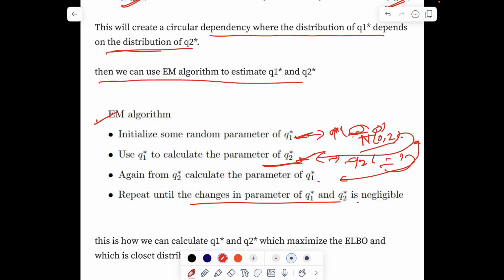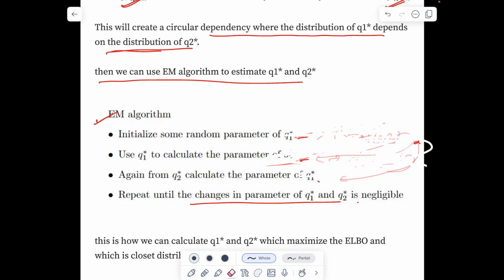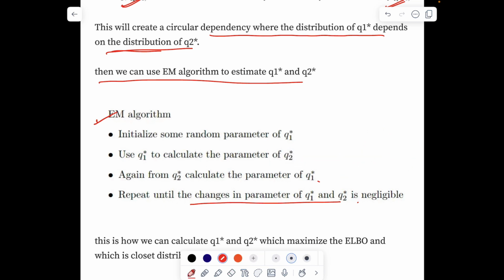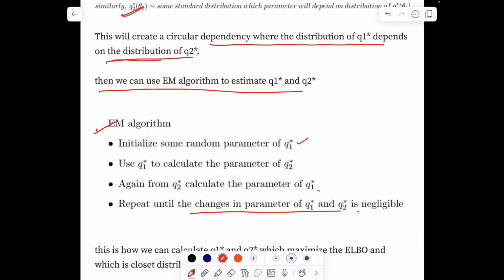Just to explain once more: we are creating a circular dependency of q1 on q2 and q2 on q1. We initialize some parameter of q1. If it is following a normal with mu and sigma, then we initialize some mu and sigma for q1, let's say 0 and 2. Because q2 is only dependent upon q1, we can always calculate q2 from q1. So we will have, let's say, 1 and 5 as the parameters of the distribution for q2.